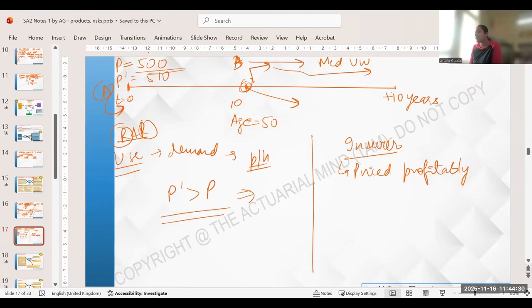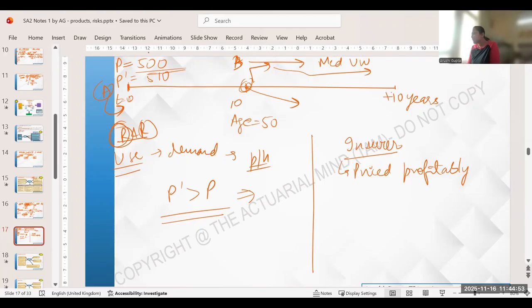P dash should be higher than P, because the risk for the insurer is therefore that it probably might not be beneficial also to some, that they paid, as you said, the premium they need to compare, that was it worth paying this higher premium. So it can go in any direction. So that's the risk part of that to the policyholder.